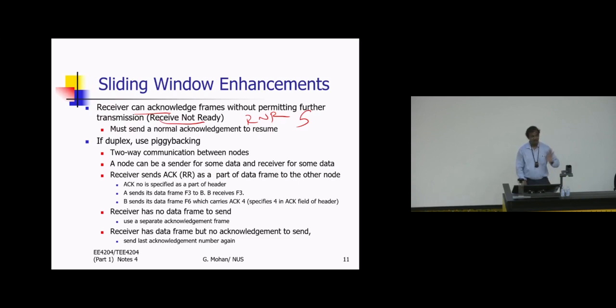That means it asks the sender: don't get confused, just keep waiting. I'll come back to you after some time to proceed further. Until then, you wait. Don't probe me about what is happening. You wait until I send another acknowledgement. So I can use RNR to indicate that.